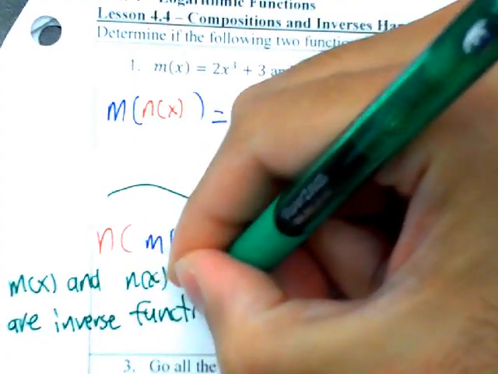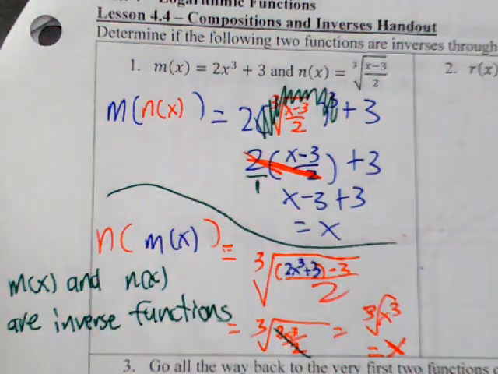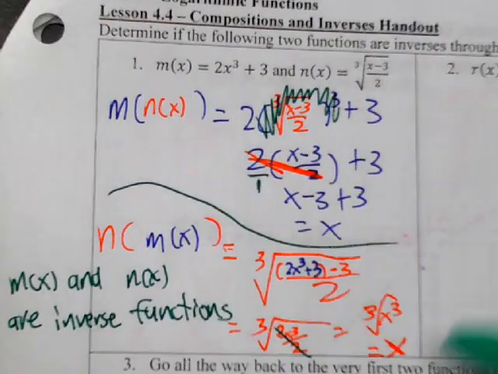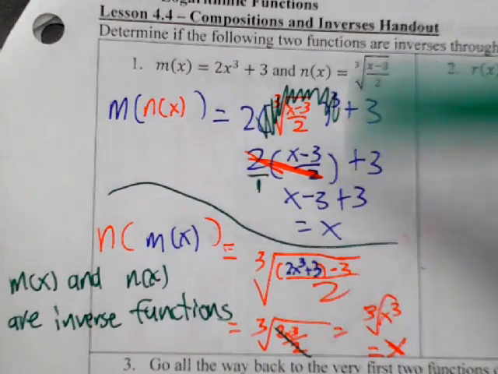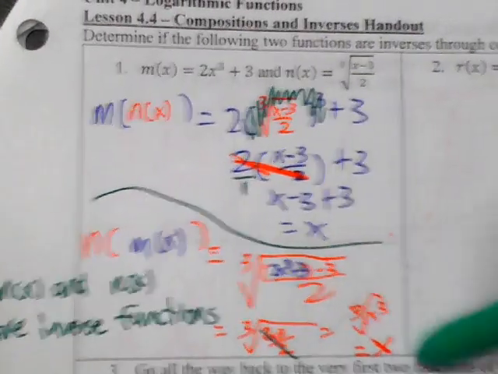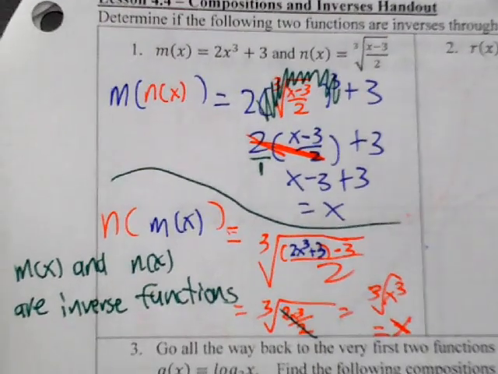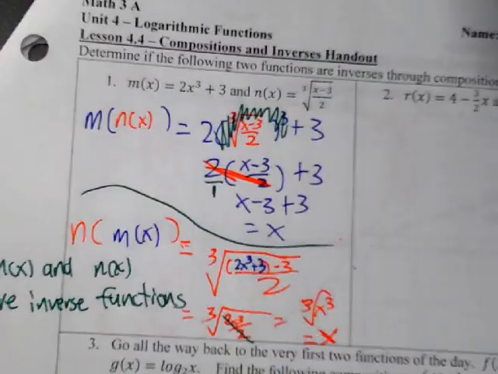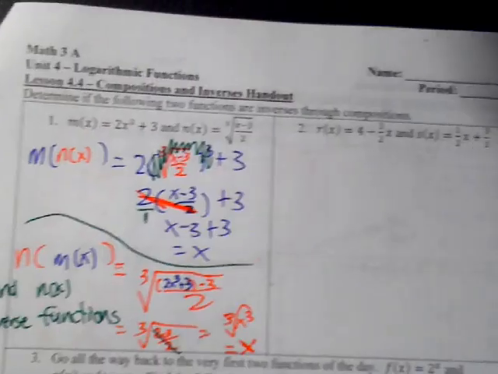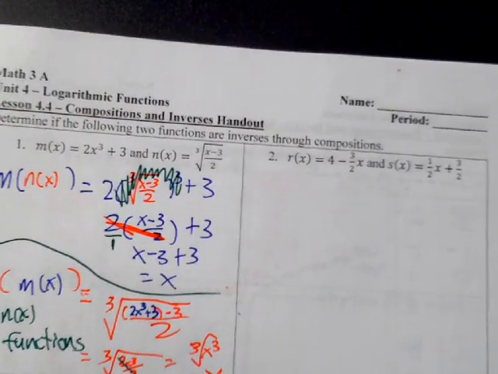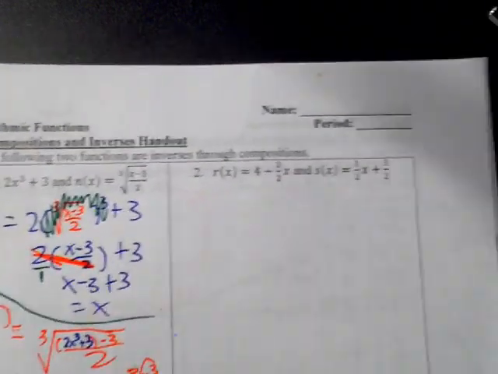Okay, the next pair, r of x and s of x. Again, you can do either order. I'll just do r of s of x. Okay, so I'll keep the r of x as 4 minus 3 over 2, but instead of x, we replace the x with the other function.